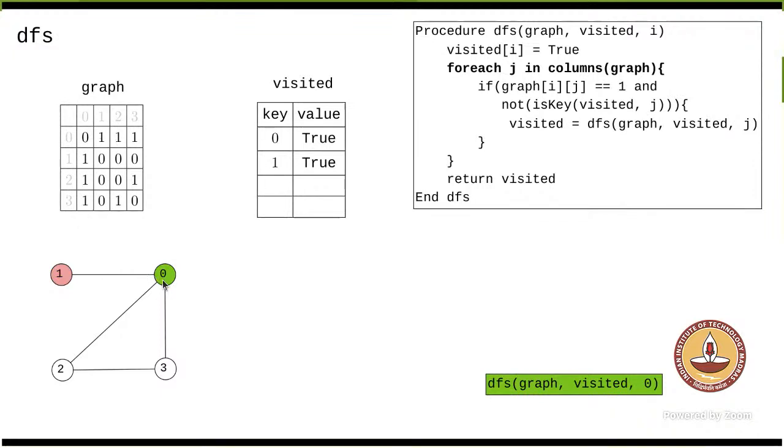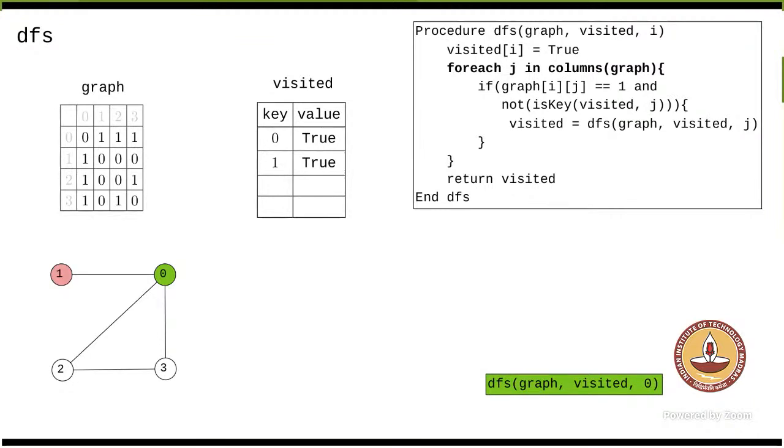It will make an entry for visited 2 as true, and then it will check if the value is 1 or not. Graph of 2 and 0 will be true, but the second part will be false because 0 is already visited.